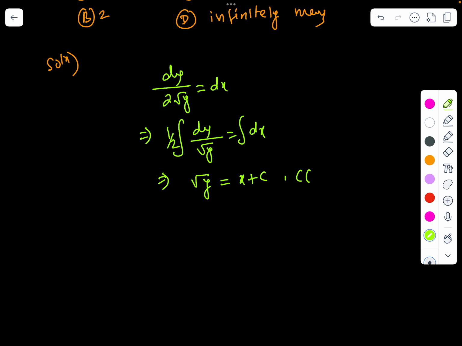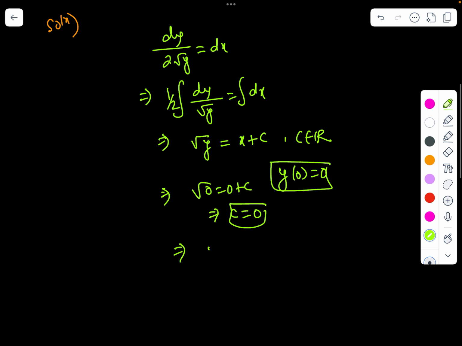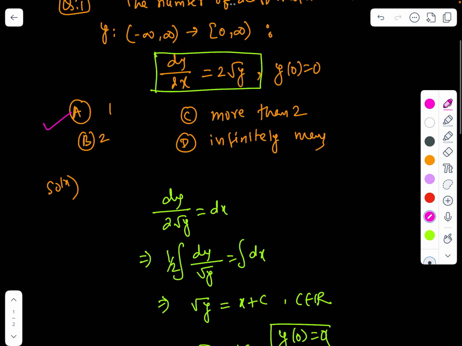This is a solution for every c belonging to the real numbers. The initial condition y(0) is 0 gives root 0 equals 0 plus c, which implies c equals 0, right? So that forces the solution to be root y equals x, which gives y equals x square. So very easily we attempt to say the answer is A, and that will award you minus 1 marks.